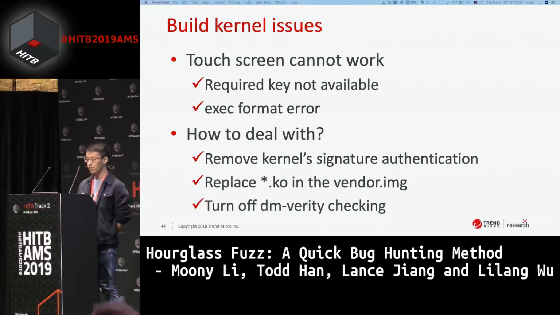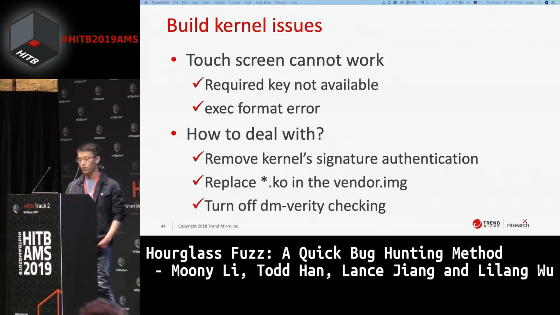We attempted to use the insmod command to load the modules in the vendor lib modules directory and found that it failed. There are 2 problems. One is required key not available, and the other is exec format error. But how to deal with it?